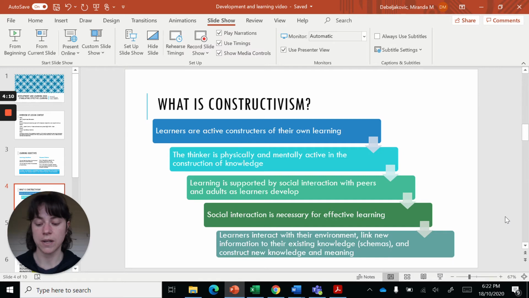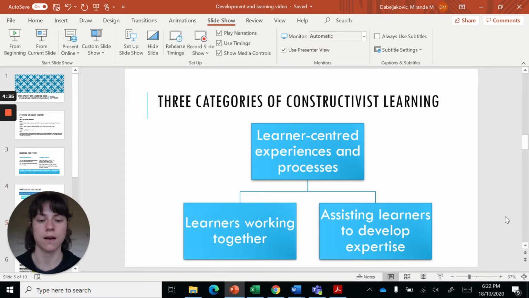Teachers, when they're teaching from a constructivist approach, recognise the value of the knowledge that students bring to learning and provide experiences for their students that can help them to build upon their current knowledge. Learner-centred experiences and processes, collaborative and cooperative learning, and assisting learners to develop their expertise through a cognitive apprenticeship are 3 categories of constructivist learning, which I have on the next slide here.